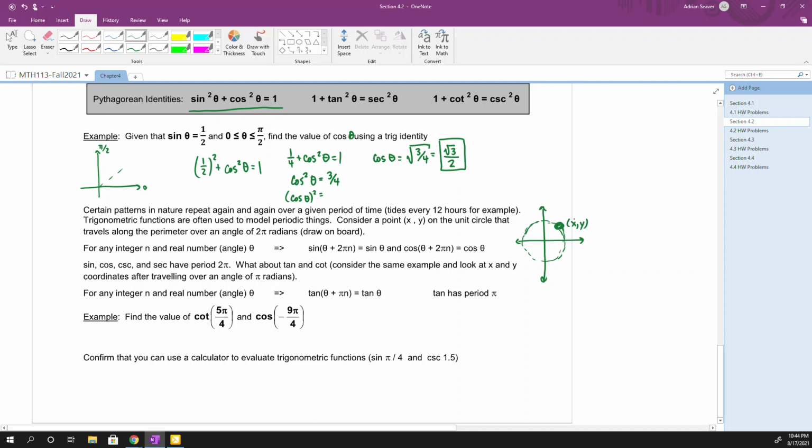Now, on that unit circle, if I look at this x and y, if I rotate that point, I'm going to be back at that same exact point again when I've gone a complete 360 or 2 pi in rotation. So I know that the period, and that's going to be true for sine and cosine, is going to be 2 pi.